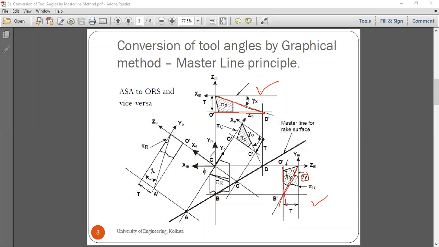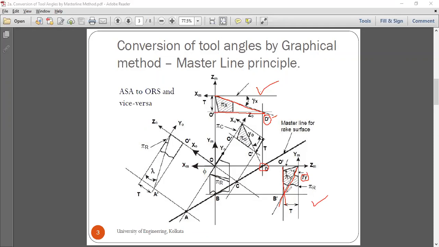So we are considering this as point O on the pi r plane, and we are extending this line, right? And here at D dash, the rake angle intersects with the base plane, or we can say with the pi r at point D dash. So corresponding to D dash, if you project this D dash, you will get this point D here.